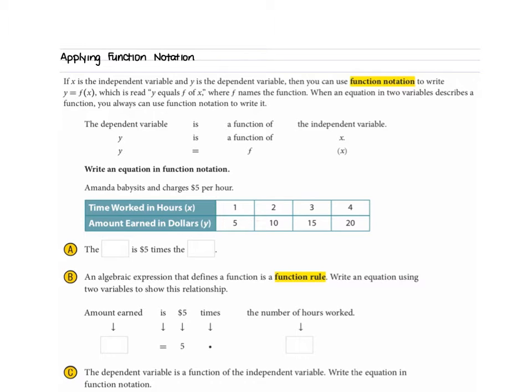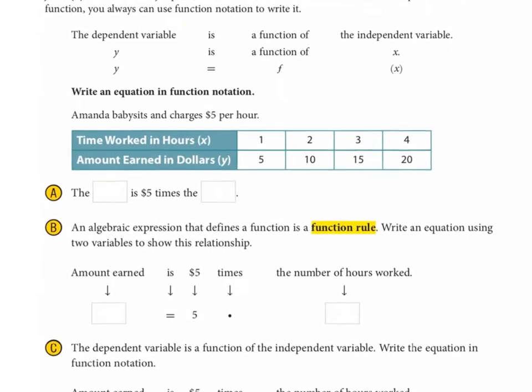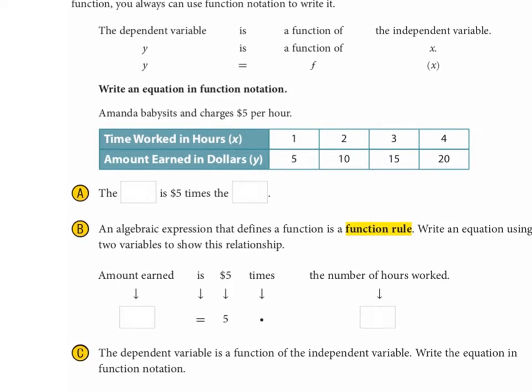When you look at your next example, we're given that Amanda babysits and charges $5 per hour. So we have a table that describes what she makes per hour. If she works 1 hour, she gets $5, 2 is 10, 3 is 15, 4 is 20. So the money earned is 5 times the hours worked.